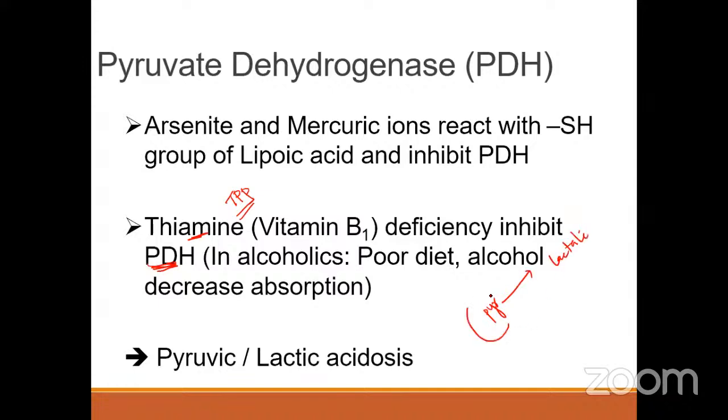Both pyruvate and lactate will be present in excess, accumulated in the cell, leading to pyruvic acidosis and lactic acidosis. This is the outcome of pyruvate dehydrogenase enzyme complex deficiency, either due to enzyme deficiency or coenzyme deficiency. Is it clear?